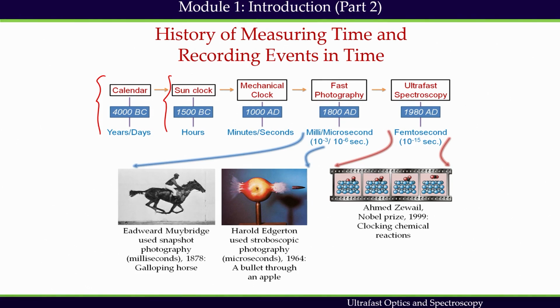So, when we have used sun clock or calendar, these are the clocks we have used. So, these are the clock, that is the time measuring device, and to monitor the evolution of the events we have used our eye, that is the time sensitive detector we have used.